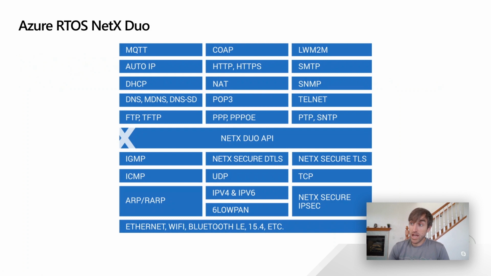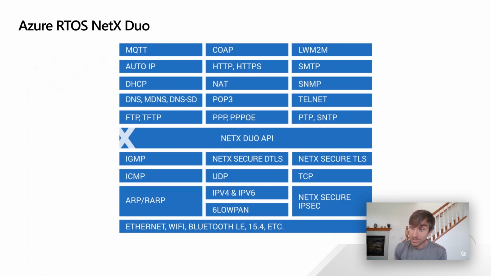That way we get pretty close to line speed. For example, on a Cortex M device, they typically have 100 megabit per second Ethernet ports, and we're operating at about 95 megabits per second.